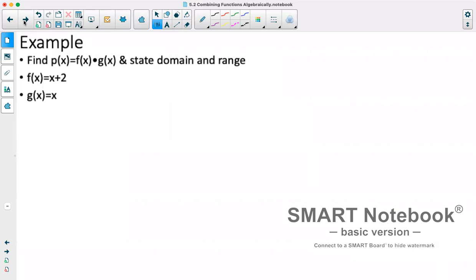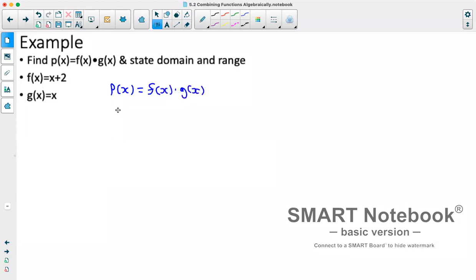Next one, we have p of x is f of x times g of x, and we want to state the domain and range. We once again have f of x is x plus 2, while g of x is x. So we have p of x equals f of x times g of x.